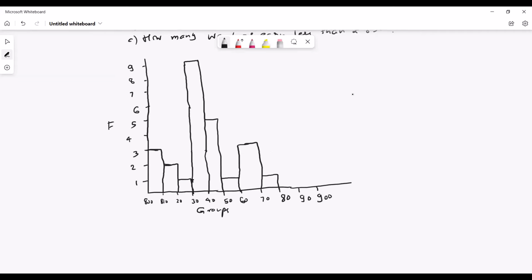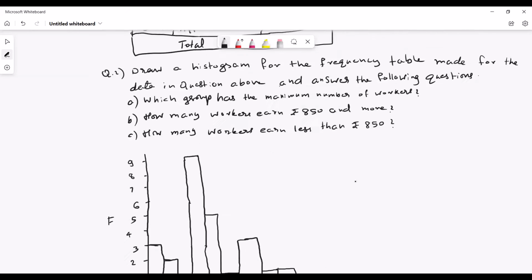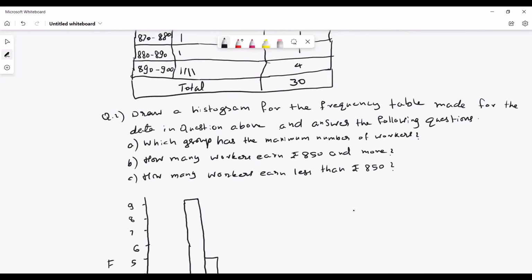And 880 to 890 also we have seen it as a 1 only. And now we have to find 890 to 900. It is 4.